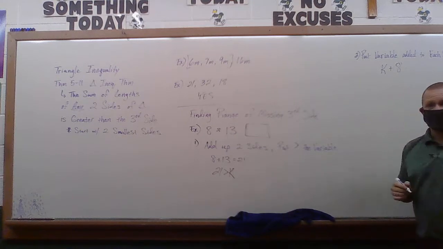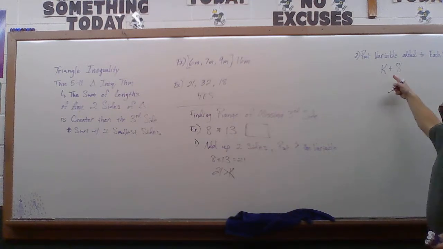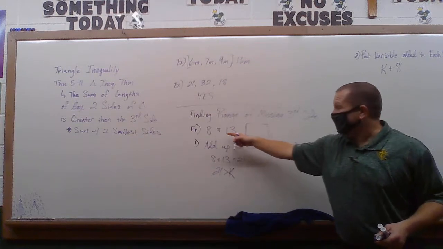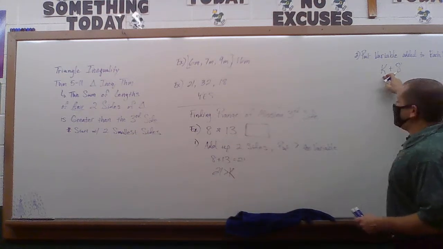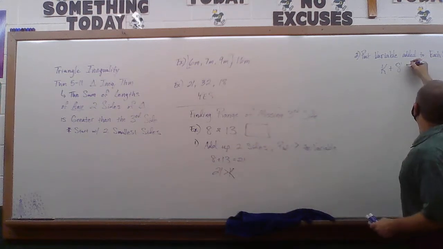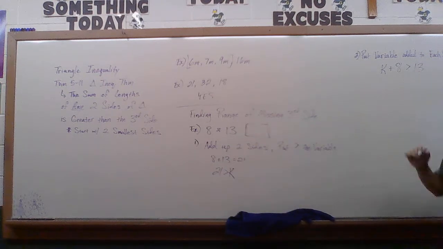K plus 8. What does K plus 8 have to be compared to 13? These two sides have to be what to my third side over here? It's got to be greater than 13. So I'm putting the variable added to each side greater than the third side.